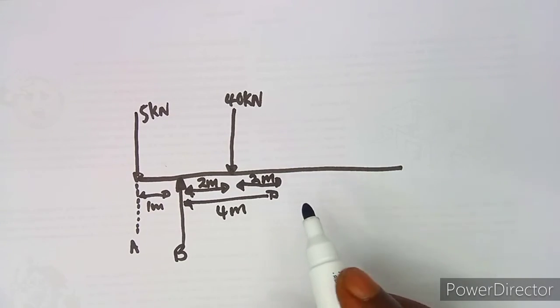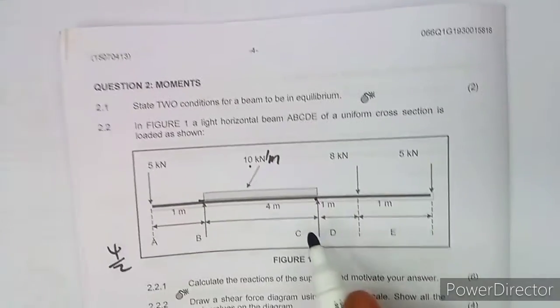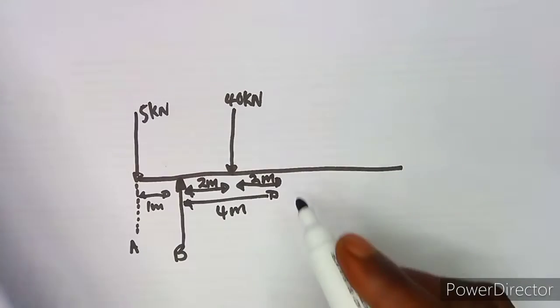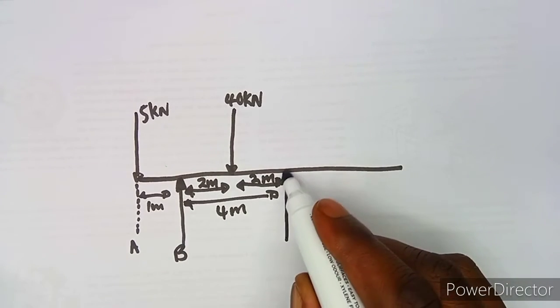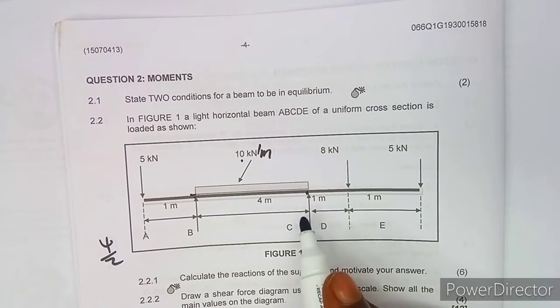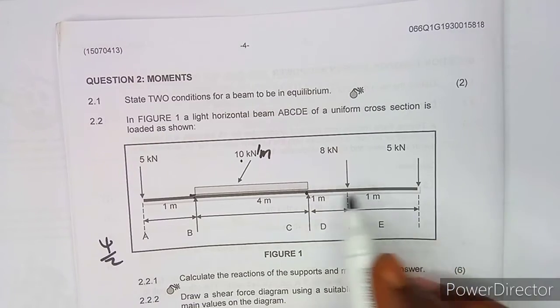So it is now 4 meters to point C. Take note, C is a support, so that is why we have an arrow pointing upwards. Then these forces are just normal forces.